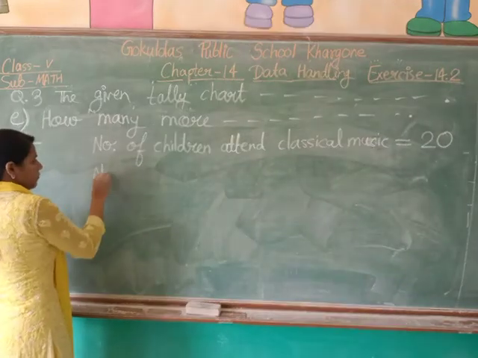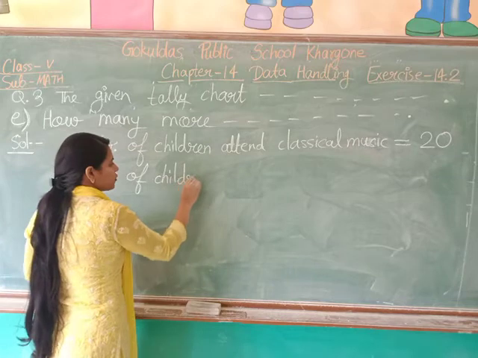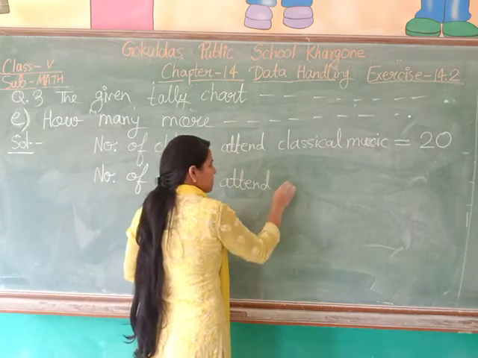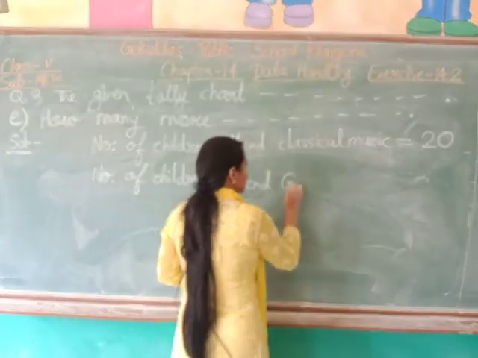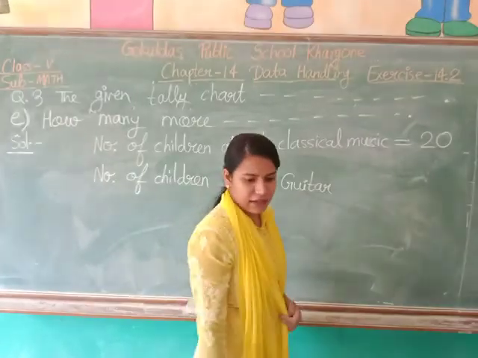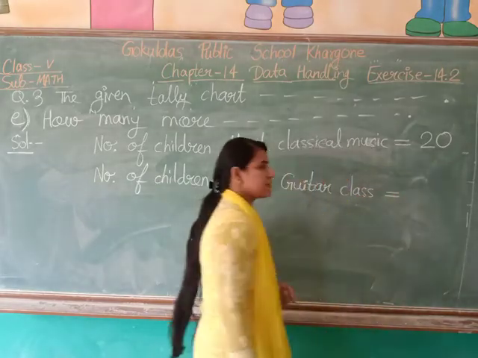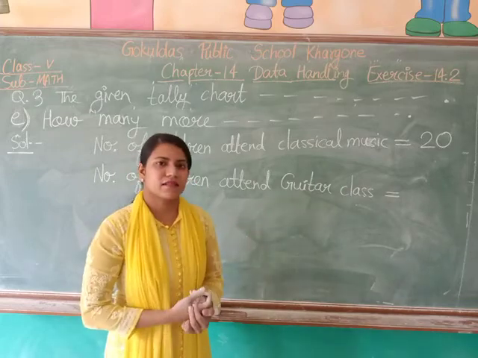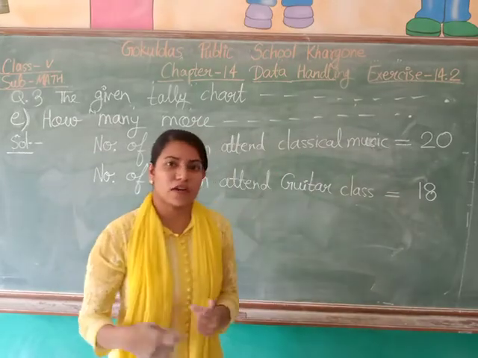Now, number of children or students who attend guitar class. Observe the table and give me the answer. How many children attend guitar class? 18, right? Now what is the question?